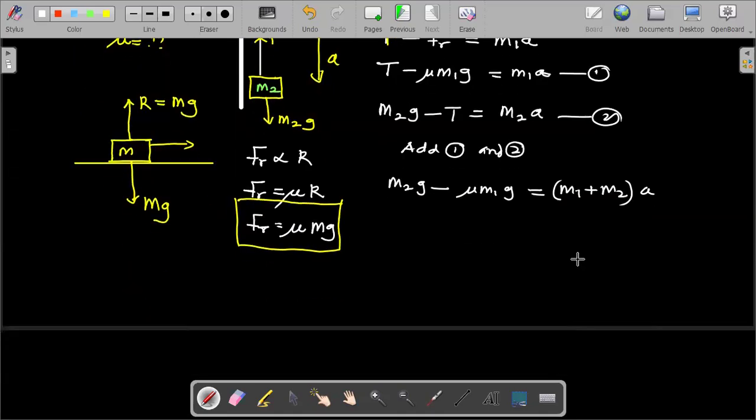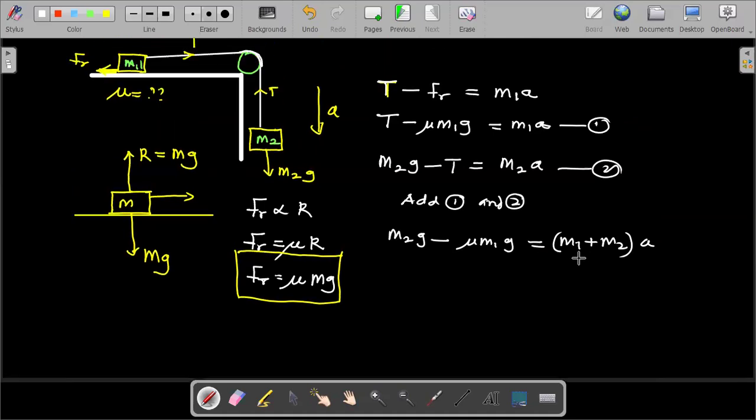So from here, if we divide both sides by M1 plus M2, we'll see that our acceleration can be gotten to be M2G minus mu M1G all over M1 plus M2. Okay. Now, if we look closely, we see that G is common to both terms.